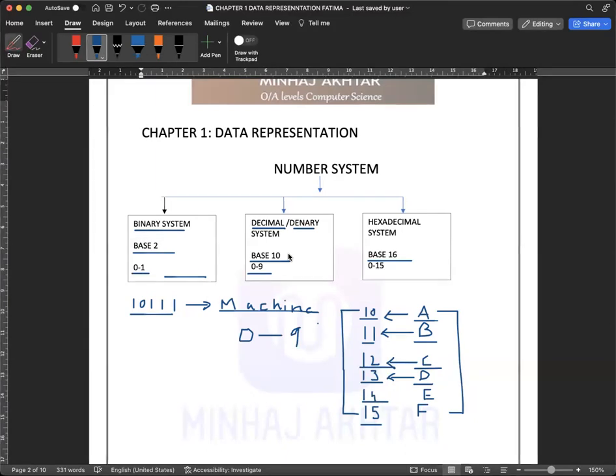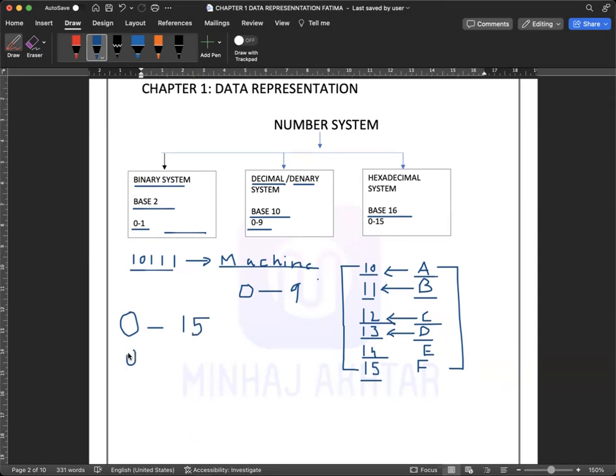And the last is the hexadecimal system. The hexadecimal system is called base 16. Why 16? Because it has the numbers 0 till 15, right? But yes, there is one unique thing in hexadecimal. The numbers 0 to 9 are the same as denary.